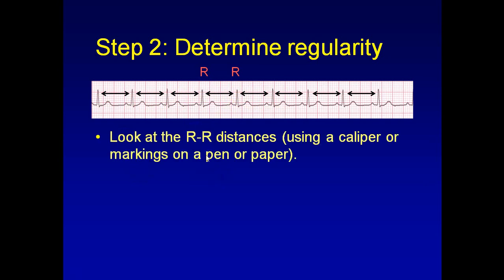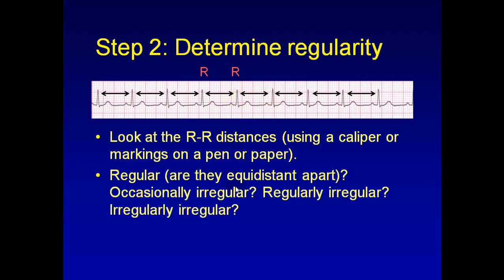Look at the RR distance using calipers or by marking on a pen or paper. Anyway, count the number of large and small square boxes and see whether they are equidistant, the same distance apart. Occasionally it is irregular.